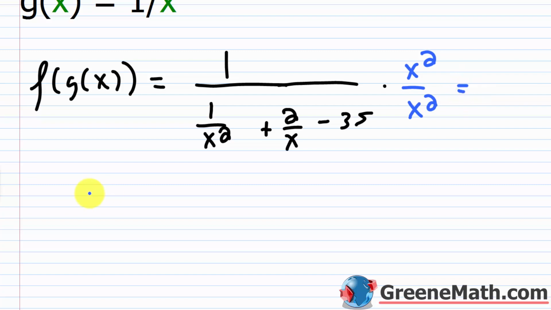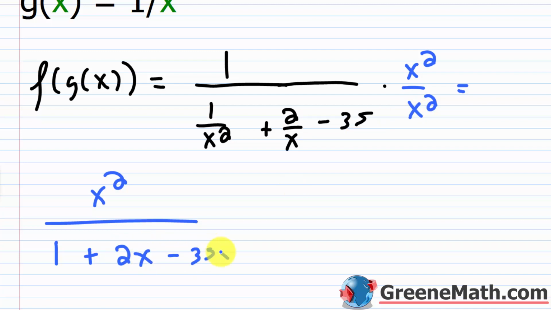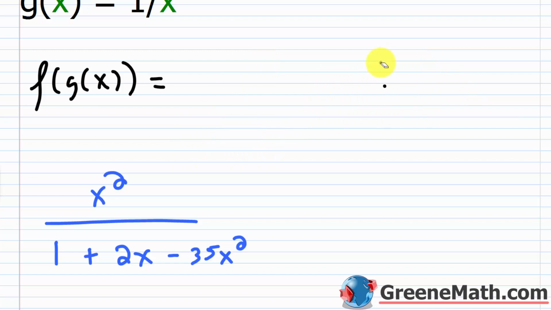And what I'm going to get is x squared in the numerator over, in the denominator, the x squareds would cancel, so you'd have 1 there. Then plus, x squared would cancel with x and give me x. x times 2 is 2x. And then minus, you'd have x squared times 35, which is 35x squared. So this is our f of g of x. Let me move this up here. This is our f of g of x.